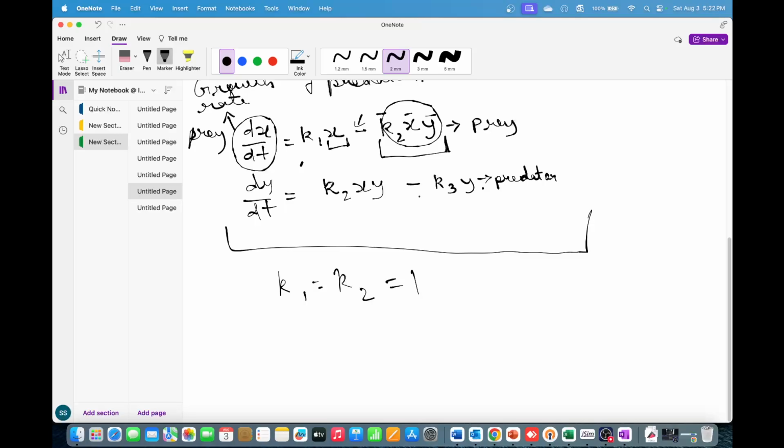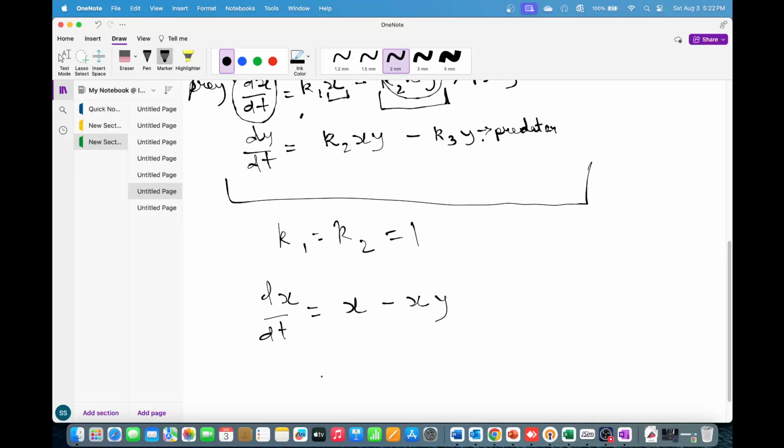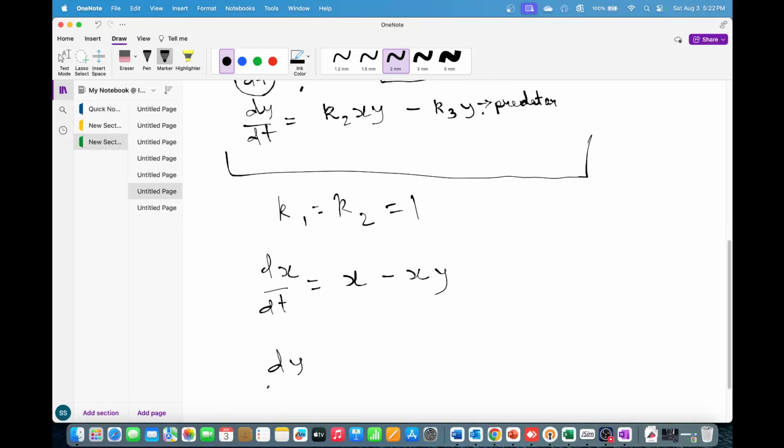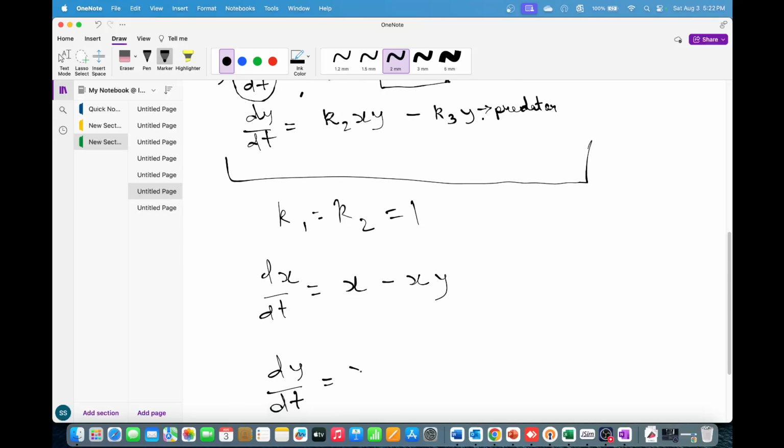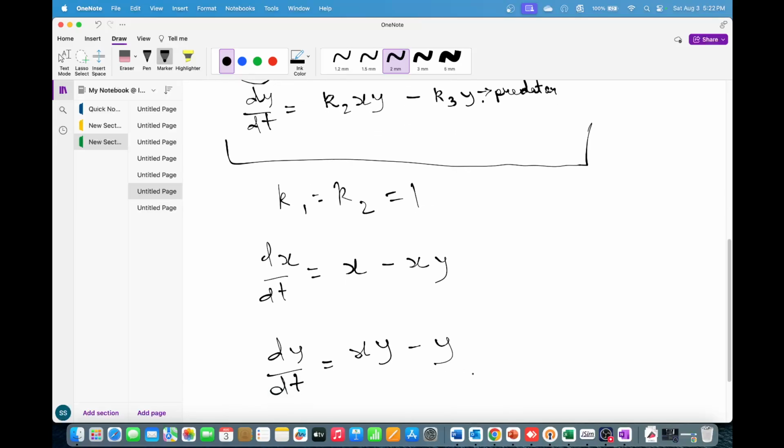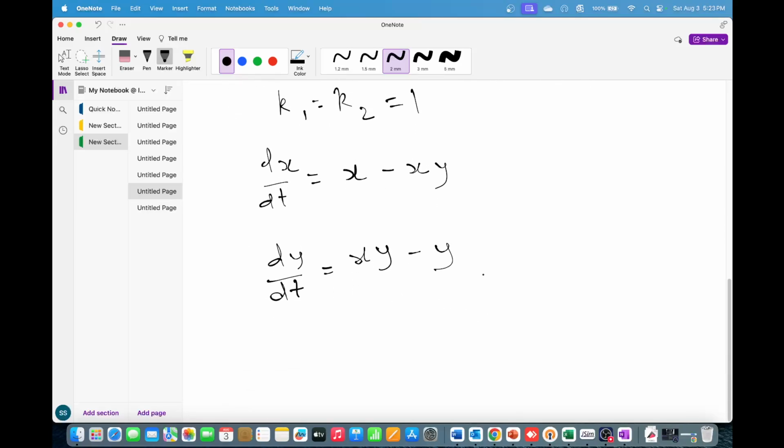But for simplicity, to get the equation solved easily, we'll use K1 and K2 both equal to 1. So our equations become dx/dt equals x minus xy, and dy/dt becomes xy minus y.